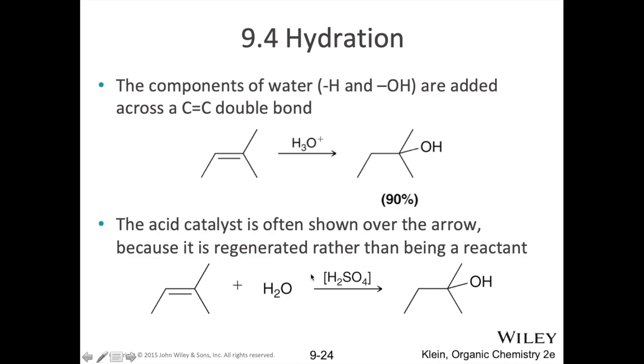Quick note here though, we're still following Markovnikov's rule when it comes to this type of hydration reaction. Notice that our hydrogen added to our less substituted carbon, and the alcohol group added to the more substituted carbon. It's the same Markovnikov's rule that we saw with our hydrohalogenation.